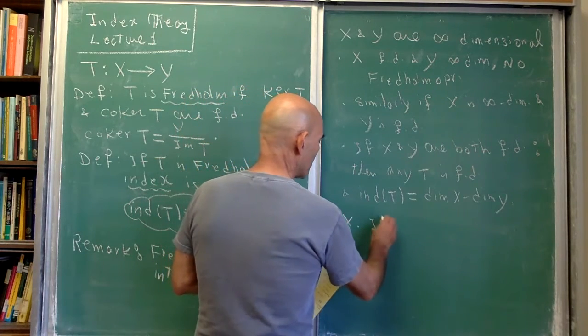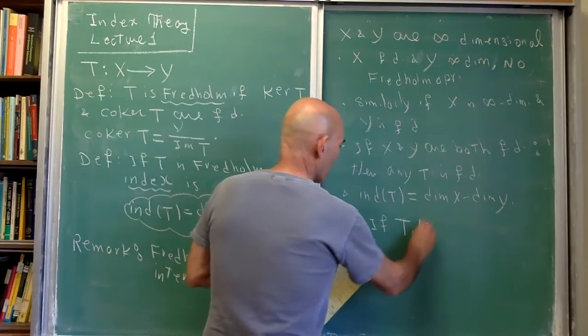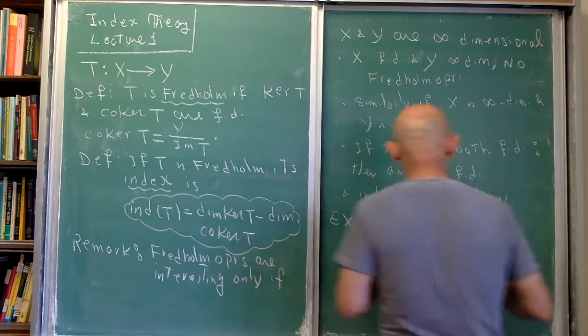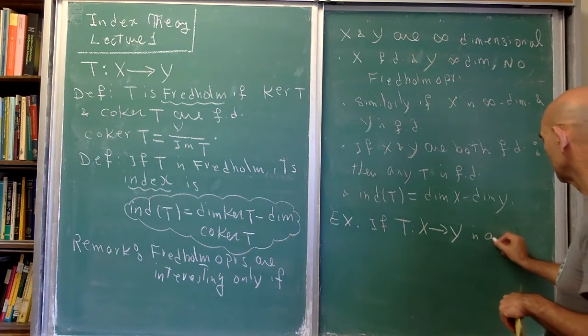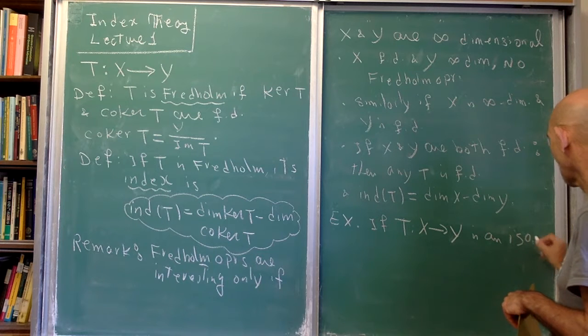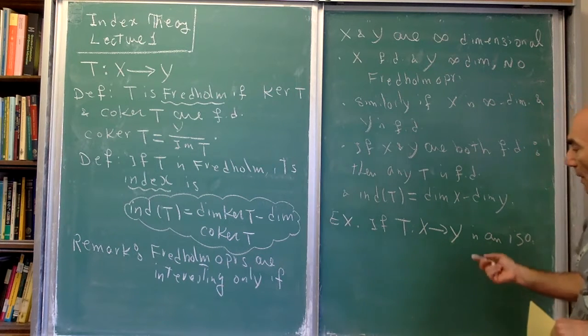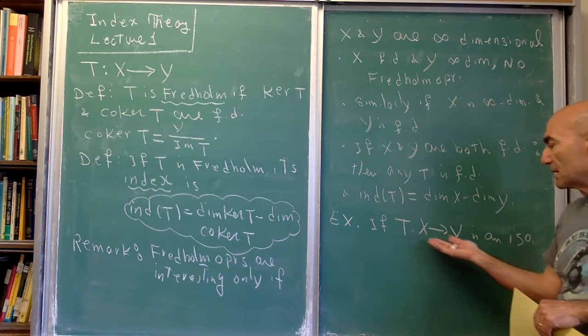So if T from X to Y is invertible, is an isomorphism, then in this case, of course, T is Fredholm.